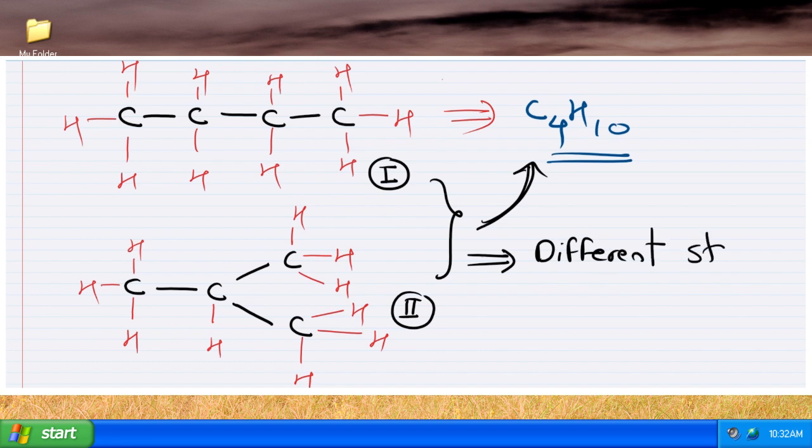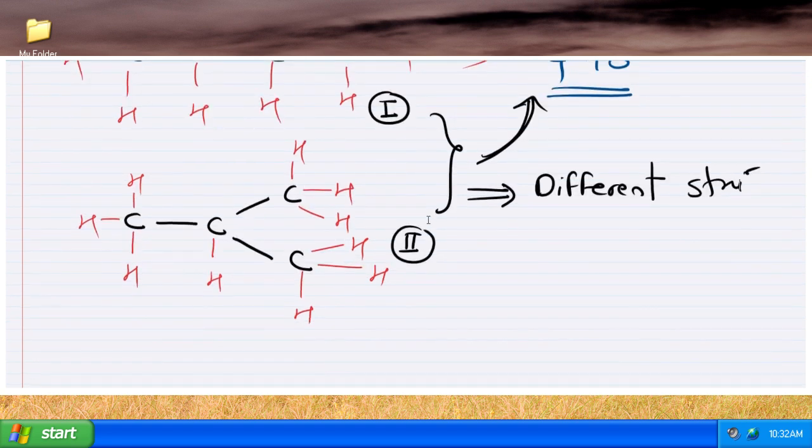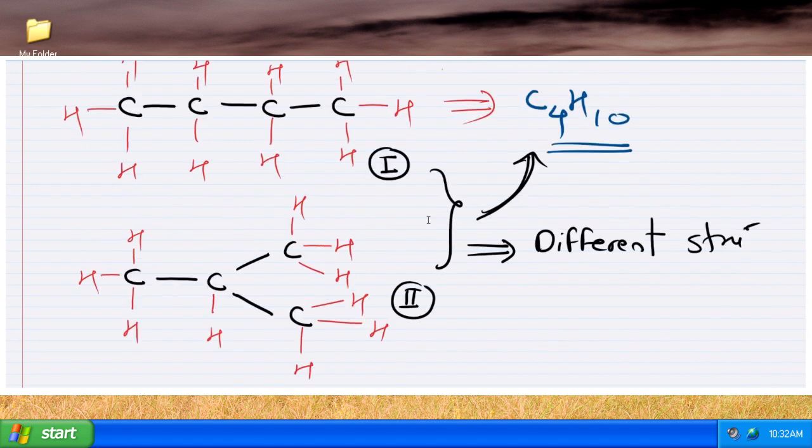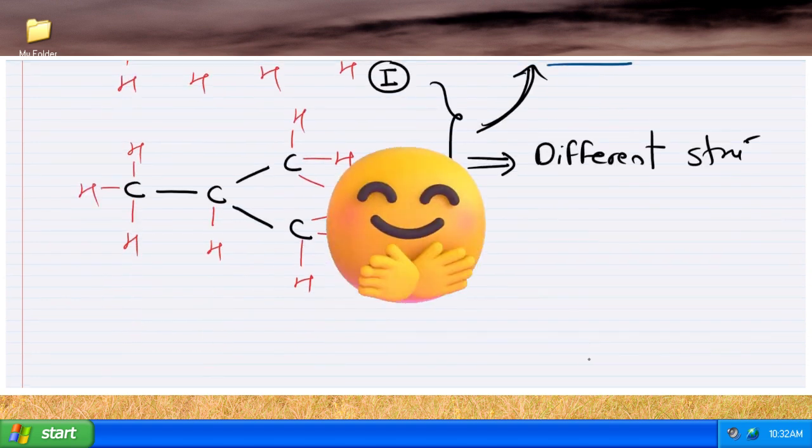Different structures. So when the structures are having the same molecular formula but different structures, that time they are called structural isomers.